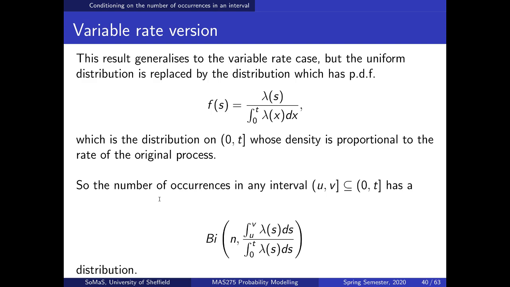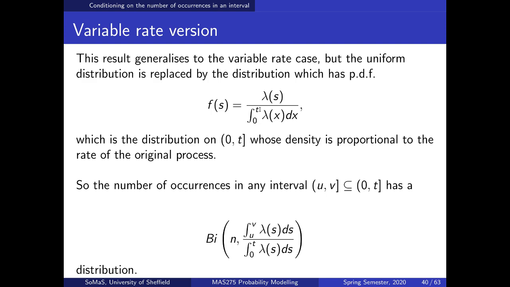In the case of a variable rate, if I condition my Poisson process to have n occurrences between 0 and t, then they're not going to be uniformly distributed. Instead, they will have this distribution, which is lambda of s as the density divided by the total integral of lambda between 0 and t. So what does that mean?